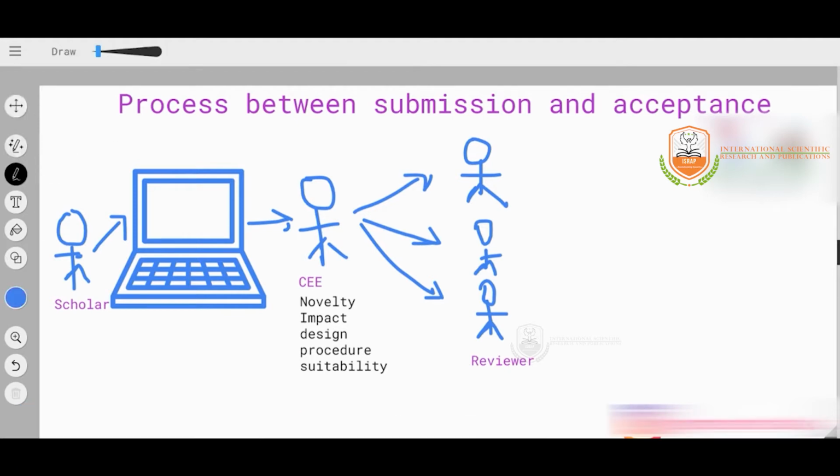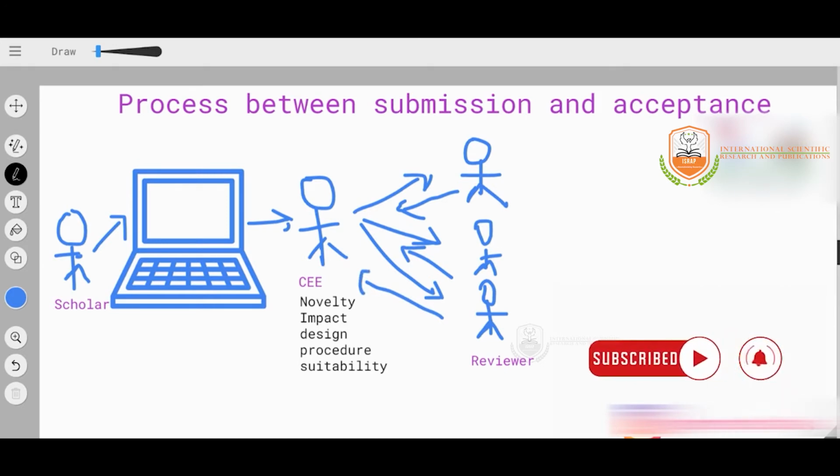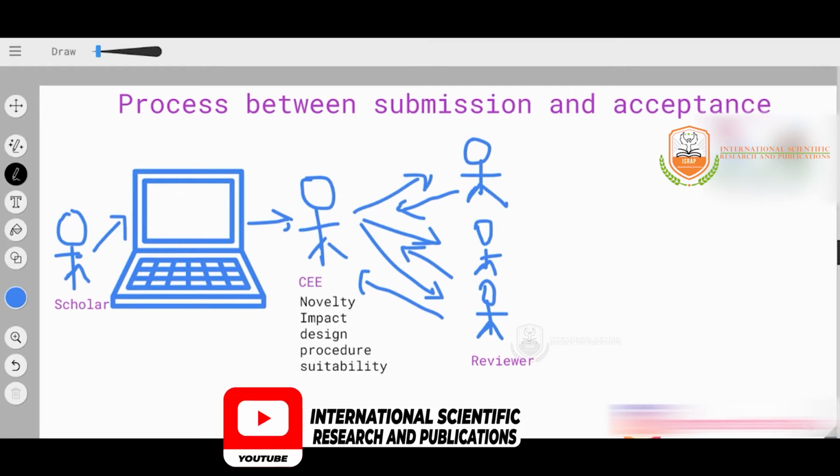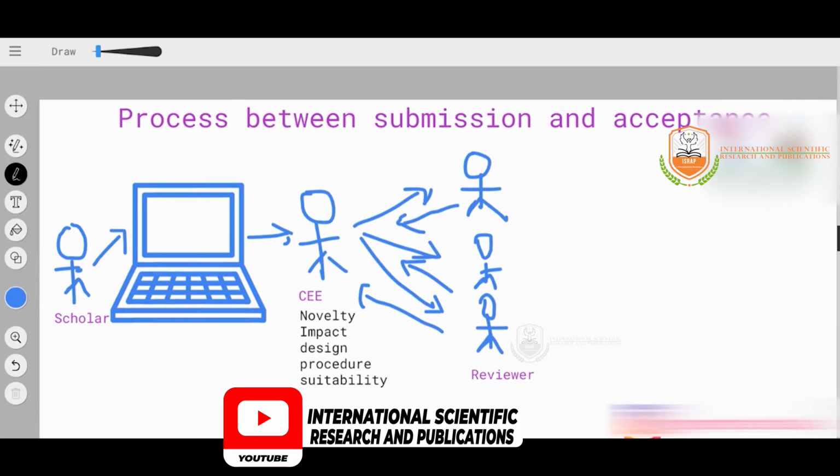So these reviewers will send the comments based on what the paper is all about, and what their comments on it are. Okay, that is suggesting the strengths of the manuscript. They'll be sending back the comments to the editor.